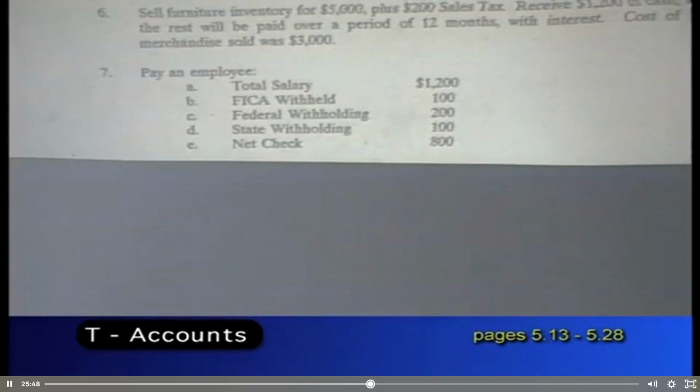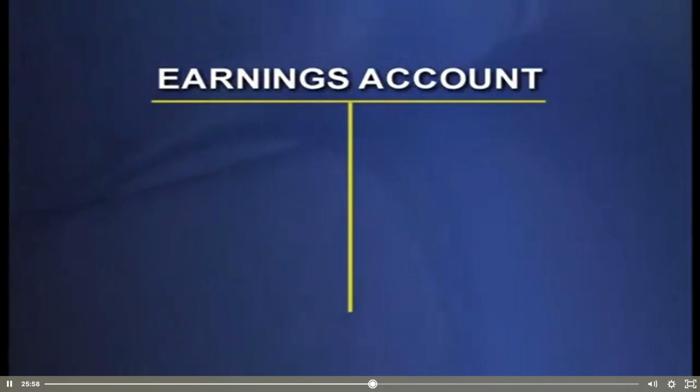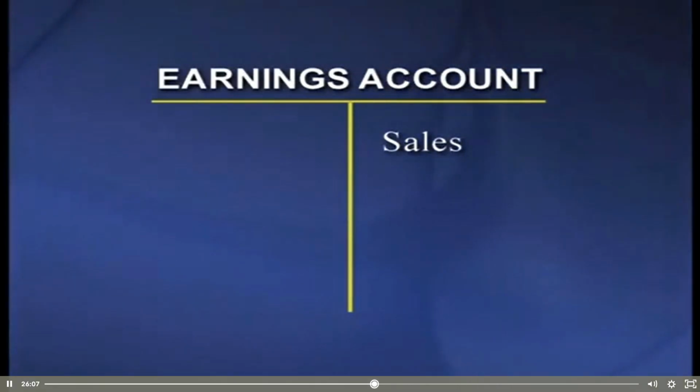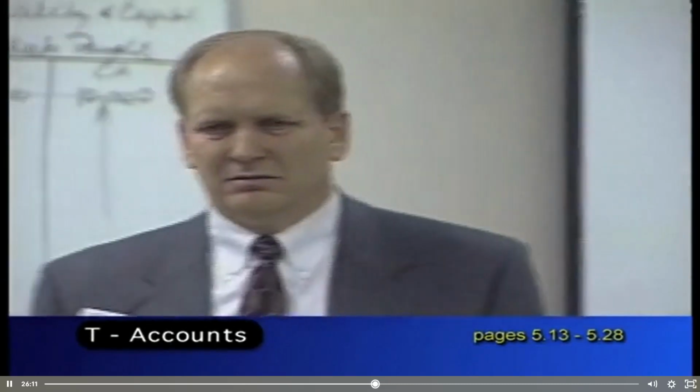Now let me tell you something before you make this entry. When we make a sale of a service or product, what account do we credit? What account do we increase? Earnings, right? Whenever we perform a service for them, we earn the money, right? Are there costs associated with making that profit?